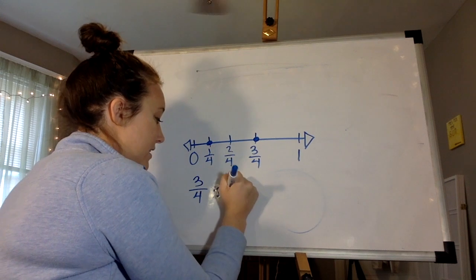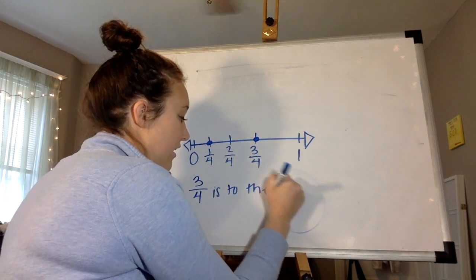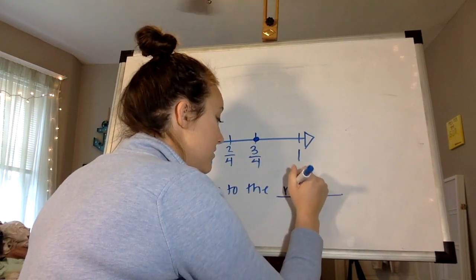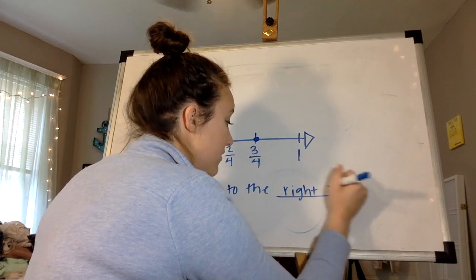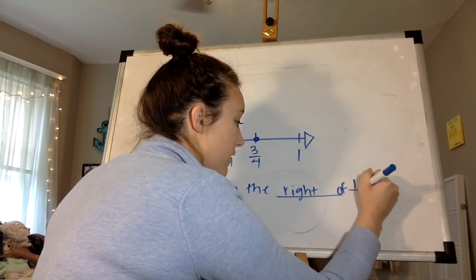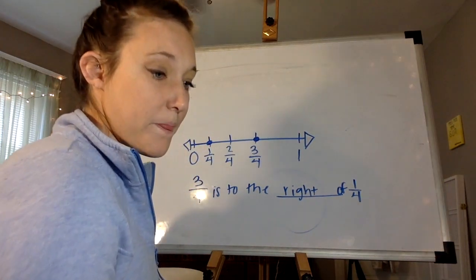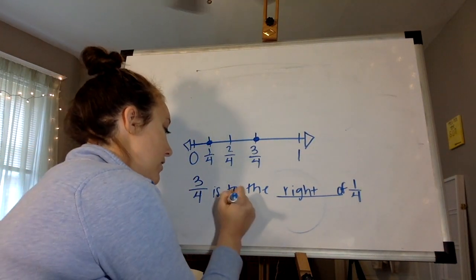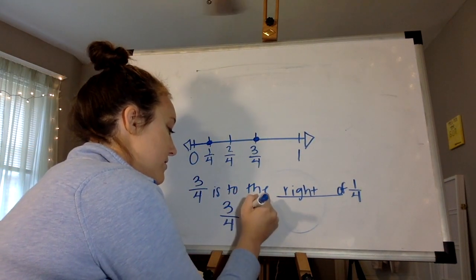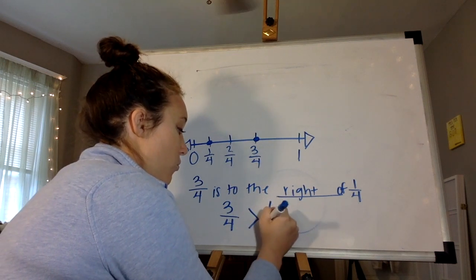So 3/4 is to the right of 1/4. So that would mean that 3/4 is greater than 1/4.